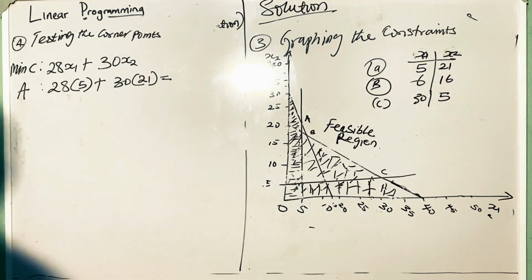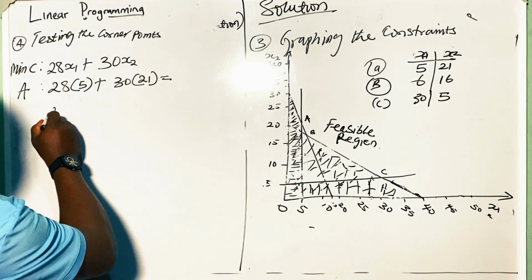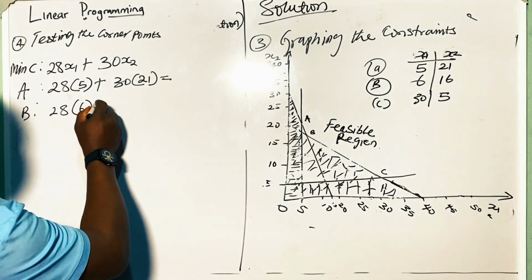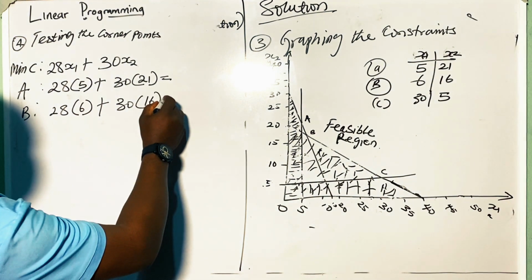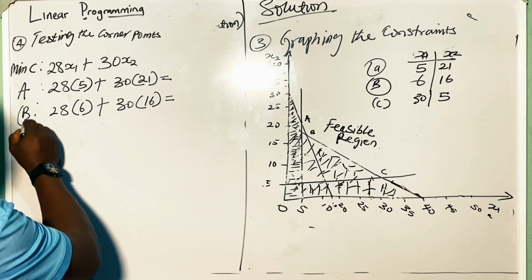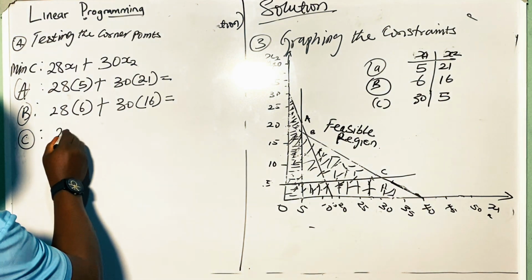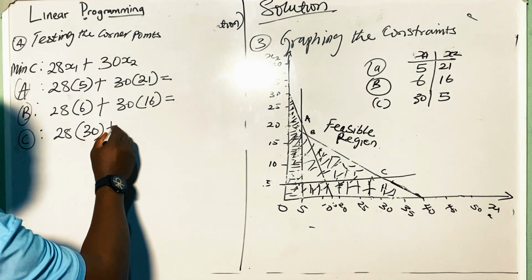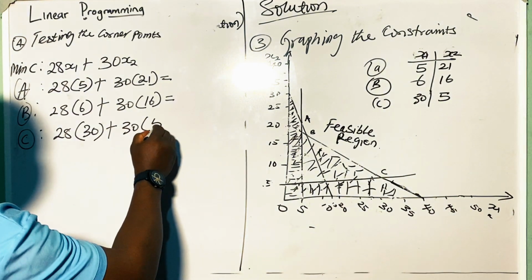The next, at point B, we have 28 by 6 plus 30 by 16. Then at point C, we have 28 by 30 plus 30 by 5.